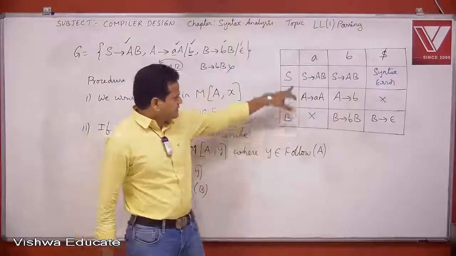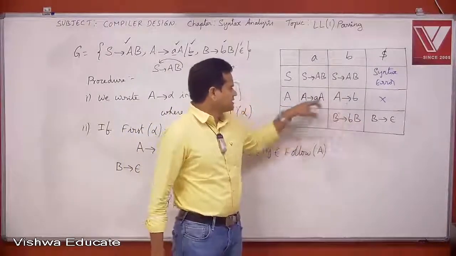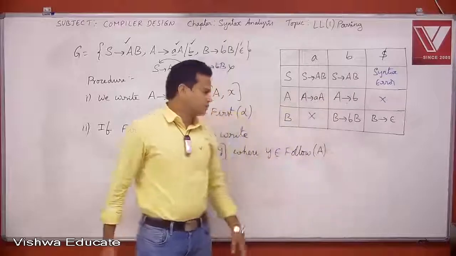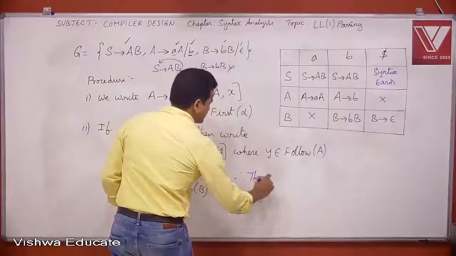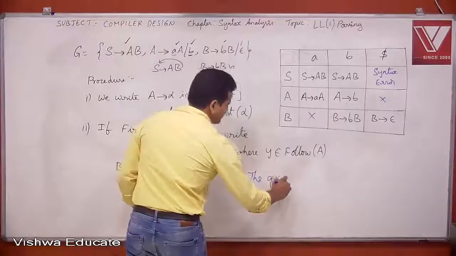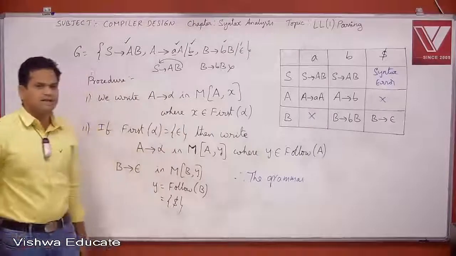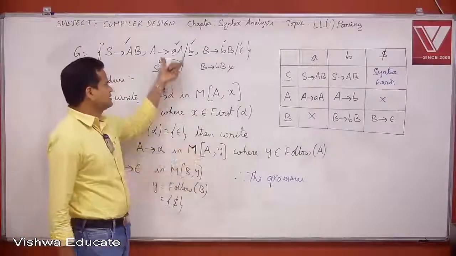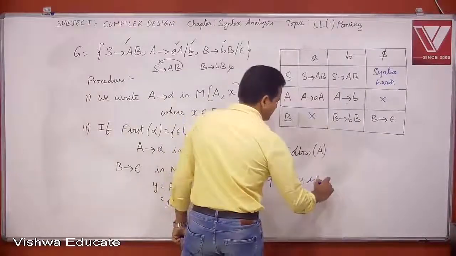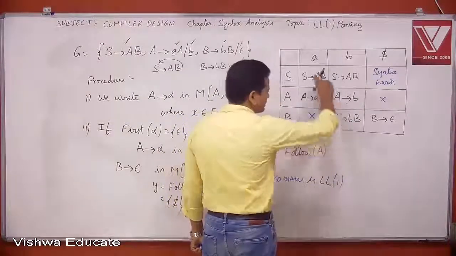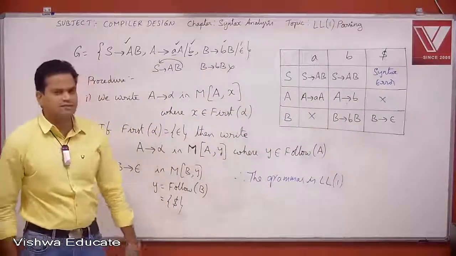Yes, in this table, all the entries are single. So this grammar is LL(1). Means we can parse this grammar using LL(1) parsing techniques. I repeat, if all the entries in the table are single, then the grammar is said to be LL(1).